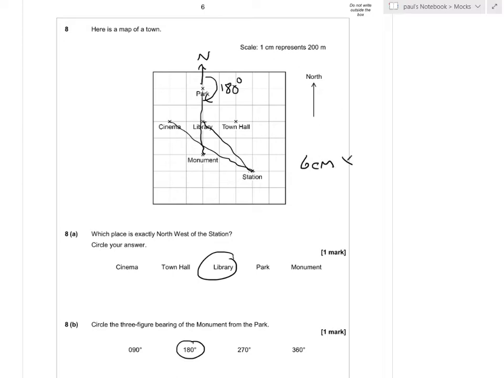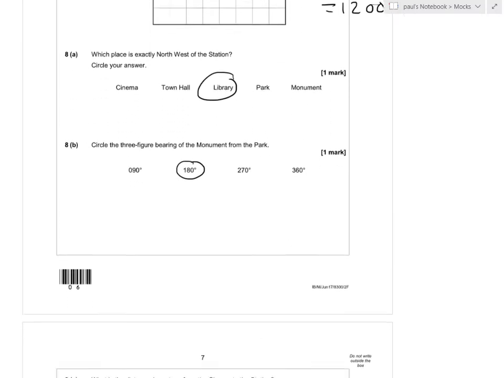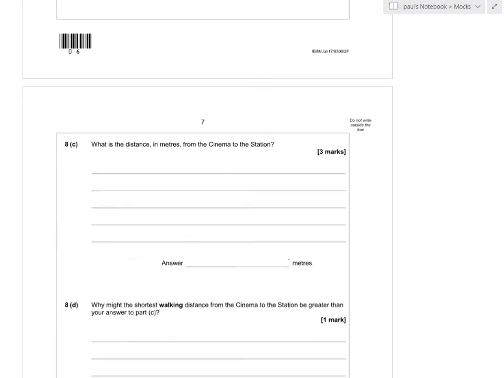So it's 6 times 200 meters. So 6 times 200 is 1200. 1200 meters. So we're going to put 1200 meters.